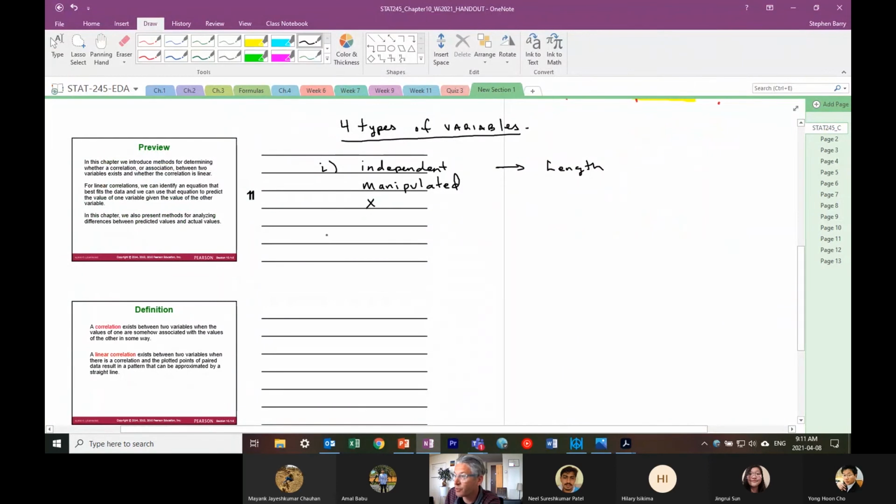Whereas the other variable is the one that's dependent. In other words, this is the one we measure, and that's going to be on the y-axis of your graph. In this case it would be the period, or the time.